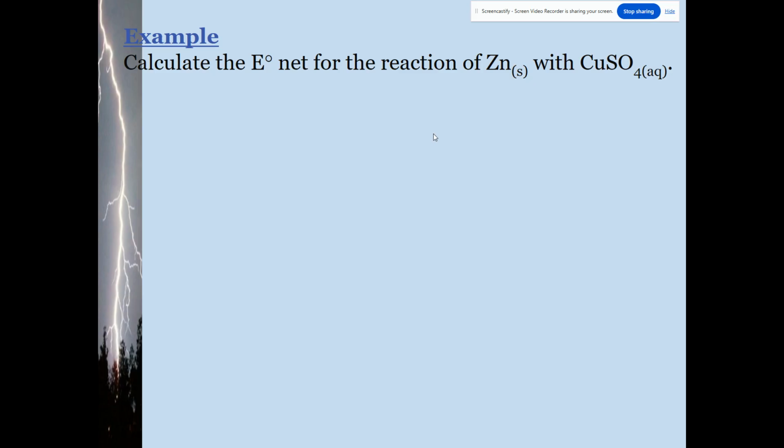So let's say we have the following mixture. We have zinc solid in a solution of copper sulfate. So if I list everything that I have as it would appear on the data booklet and find what they are, I just gotta grab my data booklet. So zinc is the RA in the solution.